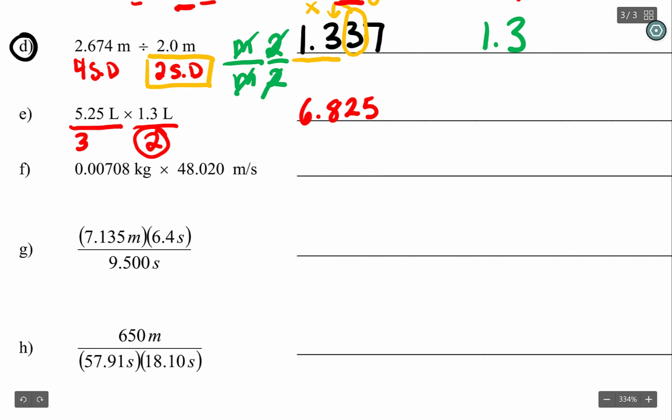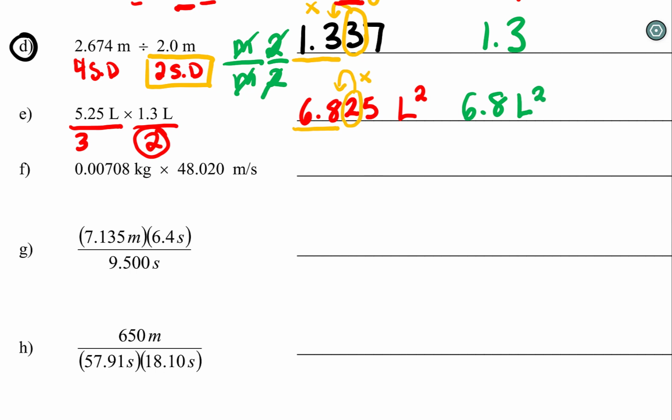That's the number value, but because this is liters times liters, that would become liters squared. I underline my 2 significant digits. I circle the number behind. This number does not round up, so this is simply going to be 6.8 liters squared.